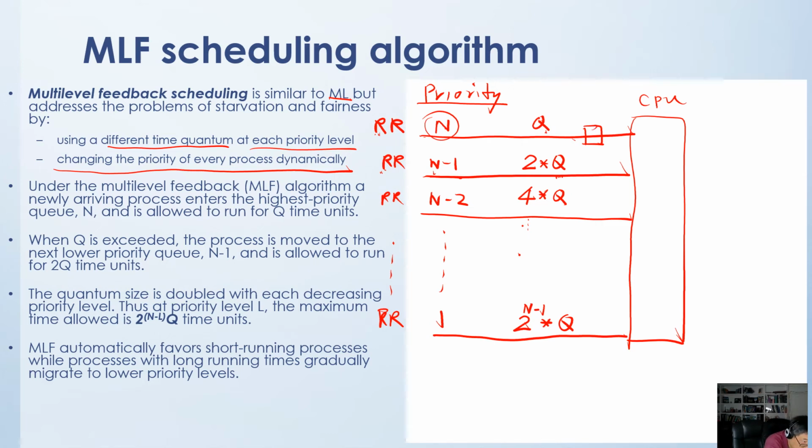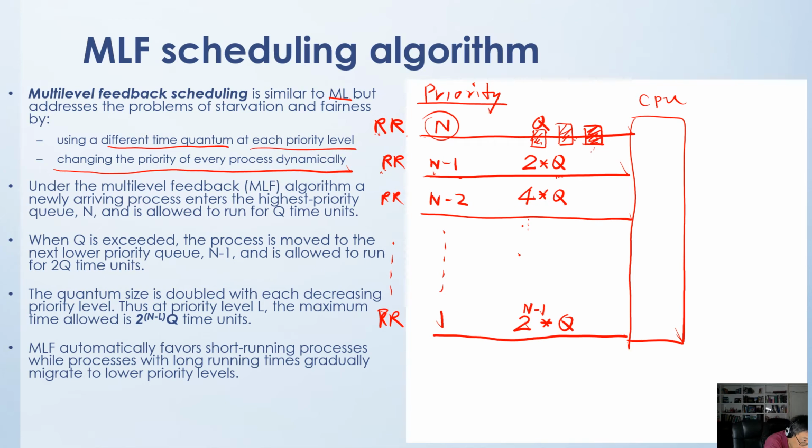Now, because this process is at the highest level queue, if there are some other processes in the highest level queue, it would use round robin, and the process at the head of the queue will be selected.